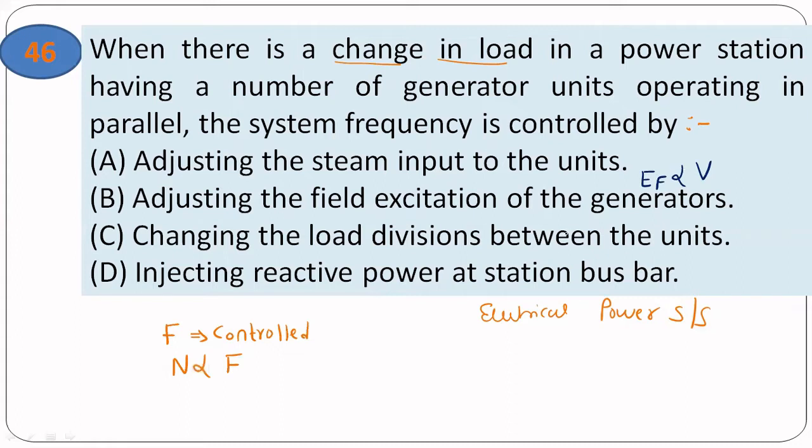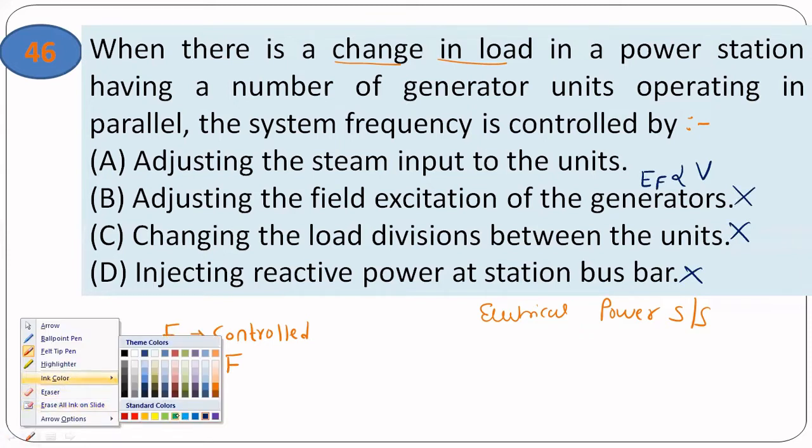Similarly, changing the load division between the units is not a very practical, viable solution with respect to the options given here. Similarly, injecting reactive power is not a very suitable option.